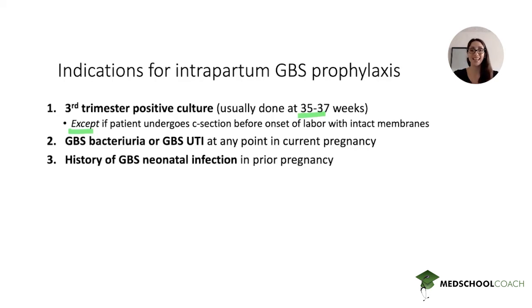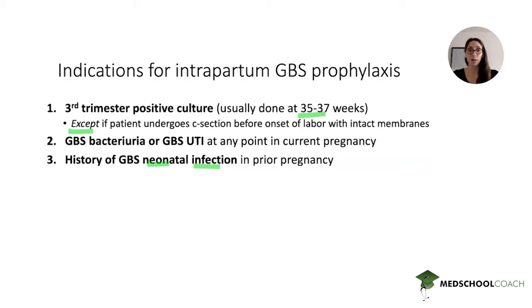The third one is a history of a GBS neonatal infection in a prior pregnancy. This could be sepsis, this could be meningitis, any type of neonatal infection in a prior pregnancy is an indication to use intrapartum GBS prophylaxis in all subsequent pregnancies. This is what we're referring to in question 7.